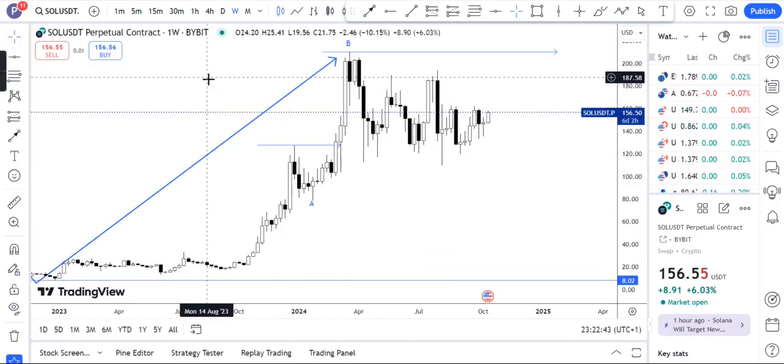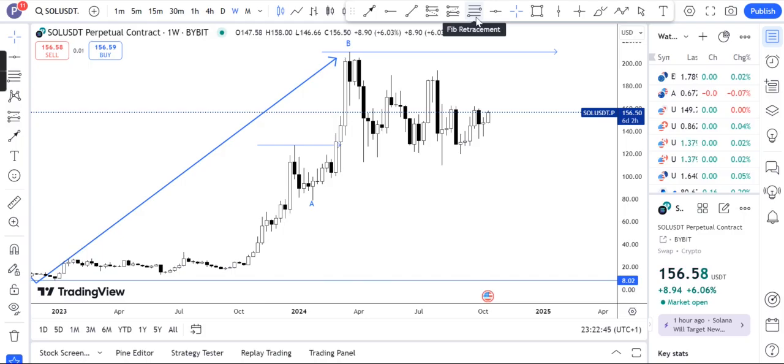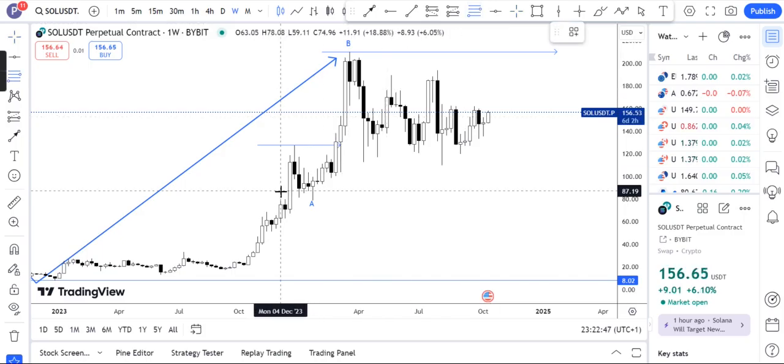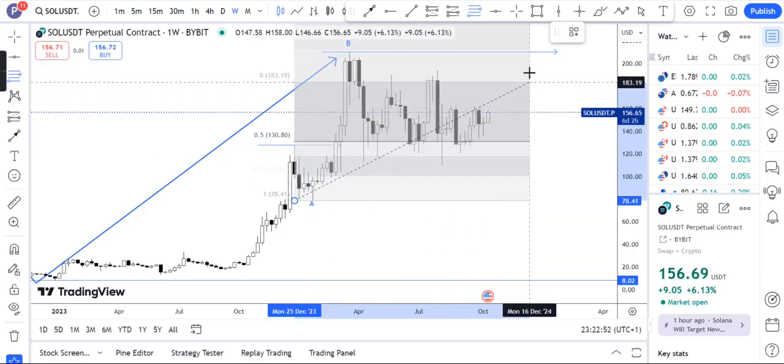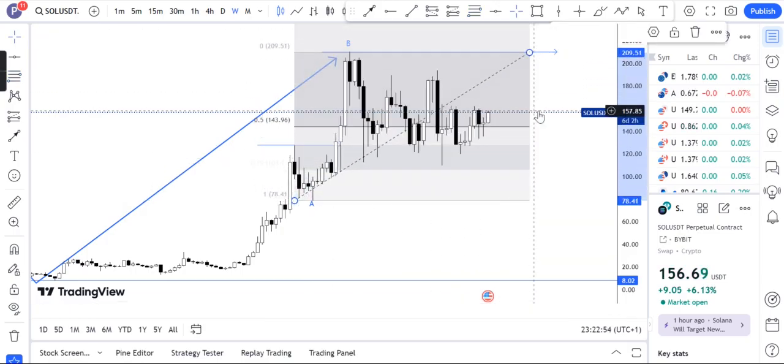Now what do we simply do? We can now mark out our Fibonacci, and we can simply mark it from the point A to the point B.